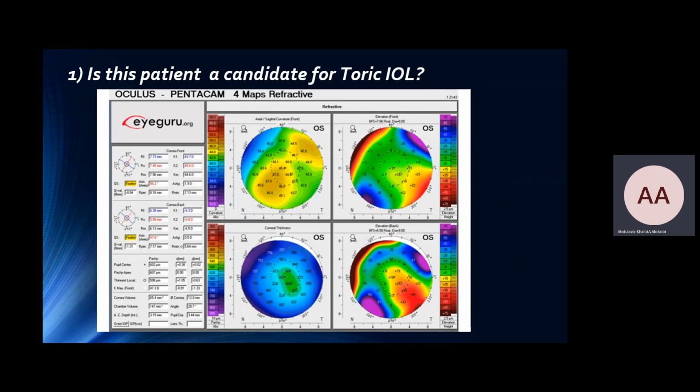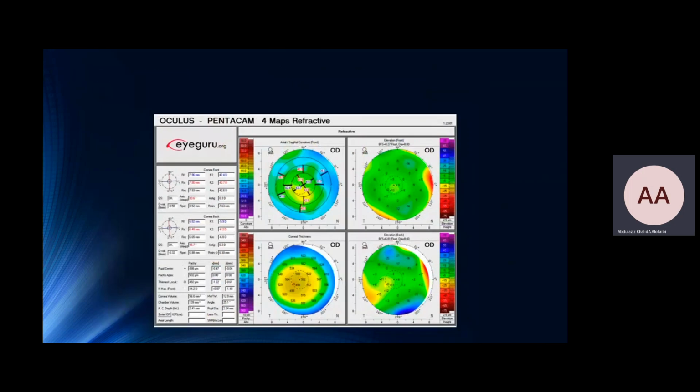We depend on the IOL master axis, but if there is off axis by more than 15 degrees, which one will you go with? I think this patient may have off axis by more than 15 degrees if you compare the IOL master with the topography axis. And you have to repeat it anyway, because the quality is not nice. Yeah.